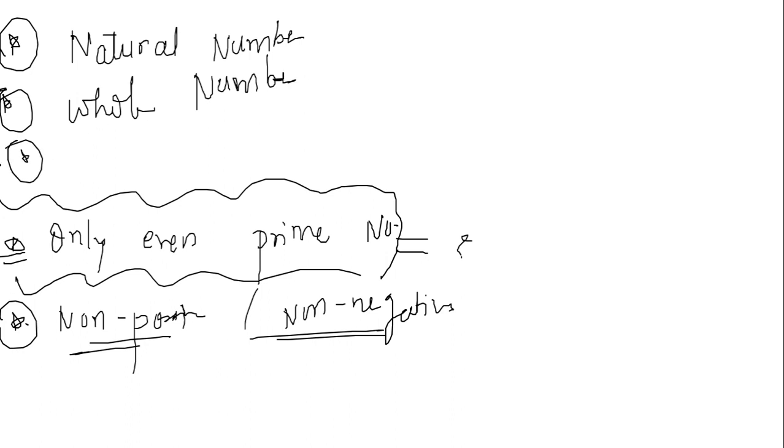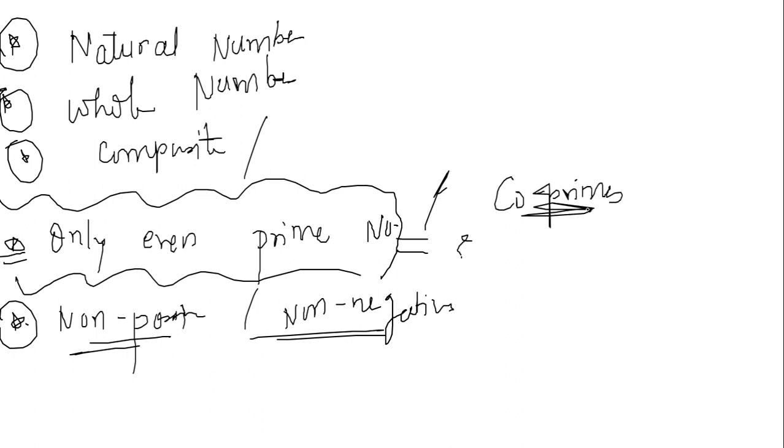What is a prime number? At the same time, what are the composite numbers? Along with prime numbers we'll be discussing the co-prime numbers also. What are co-prime numbers, what are prime numbers, and prime numbers up to 100 and greater than 100. How to deal with and understand the prime numbers greater than 100, we'll discuss each and everything in detail.